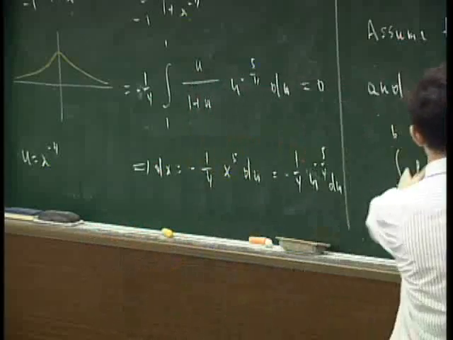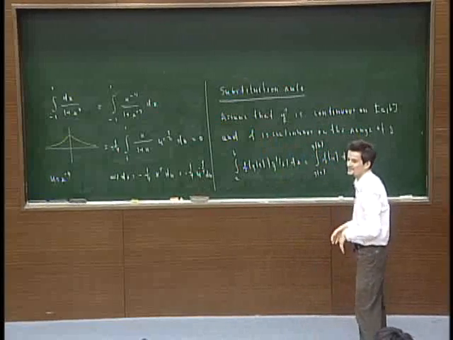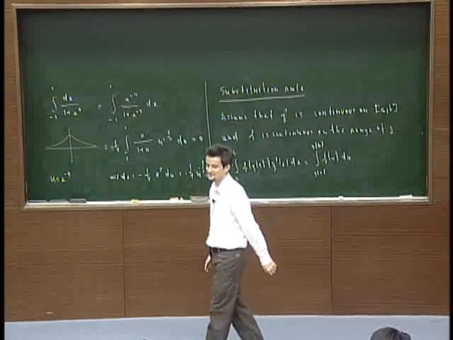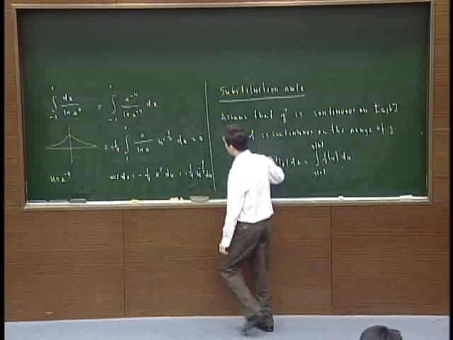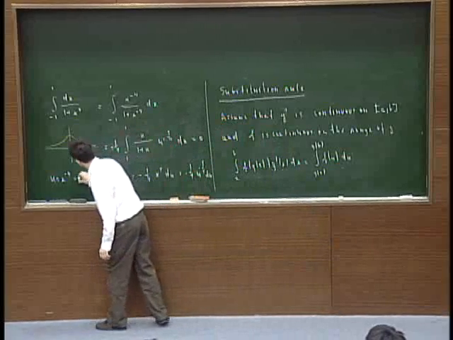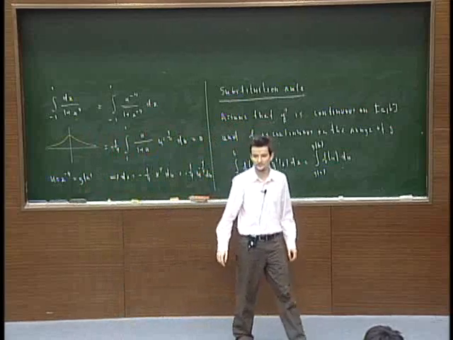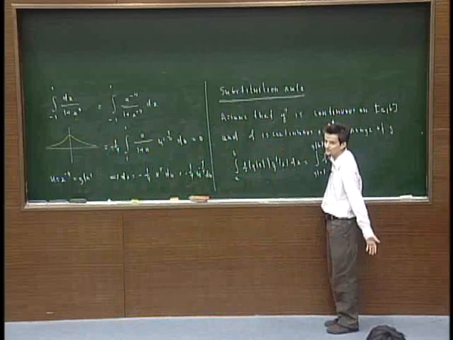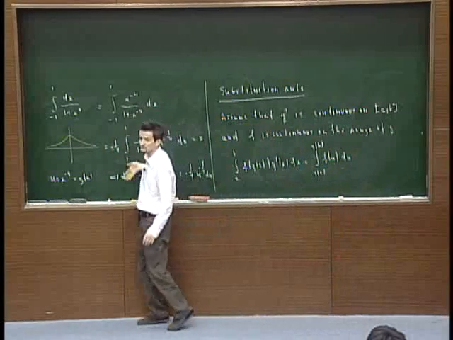That's why I kept this here, because you can look at this result and tell me which assumptions are violated. Yeah, right. This is the function which you substitute, and this function is not differentiable. Of course, the derivative is not continuous, but it is not even differentiable. So that's why you are not allowed to use this.